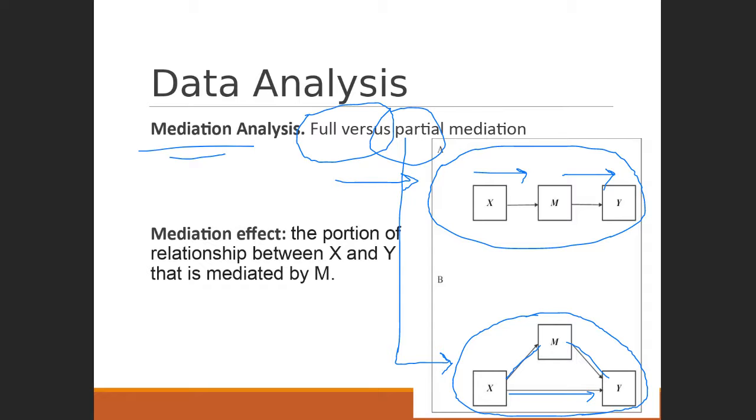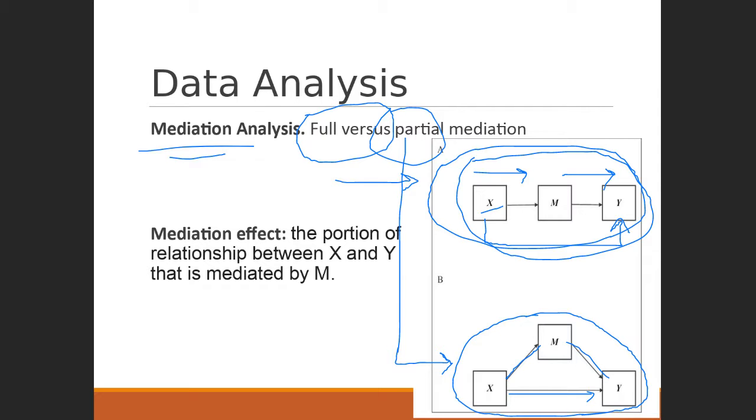So if your theoretical framework looks like this, just make this addition in your theoretical framework and check whether there is partial mediation or not. Because if your hypothesis is rejected and the only way your IV can reach your DV is through the mediating variable, then you can go for full mediation as well.